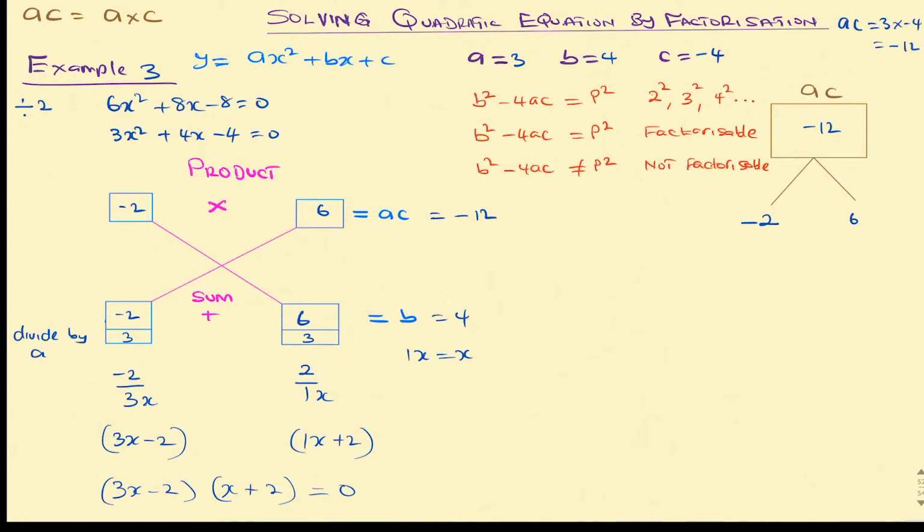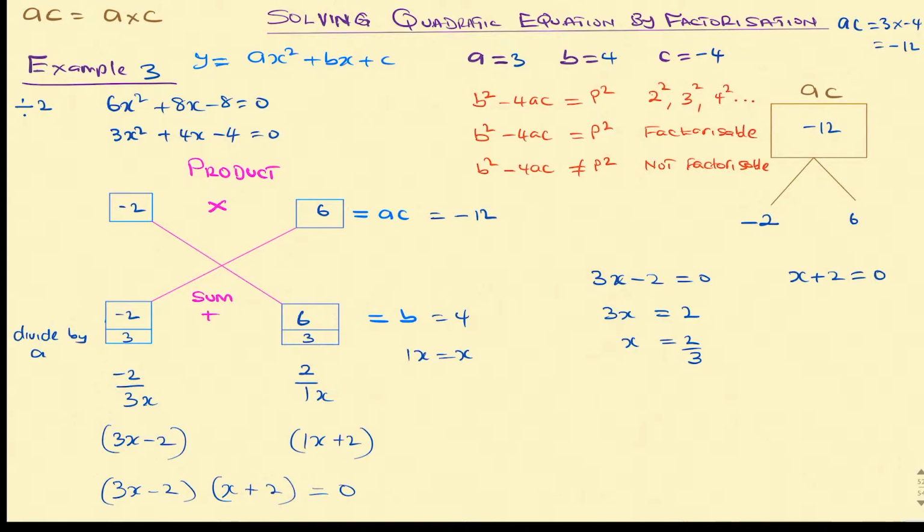We now need to set each factor to 0. 3x minus 2 equal to 0. Add 2 to both sides. 3x equals 2. Divide both sides by 3. X equals 2 over 3. We need to set the second factor to 0. X plus 2 equals 0.